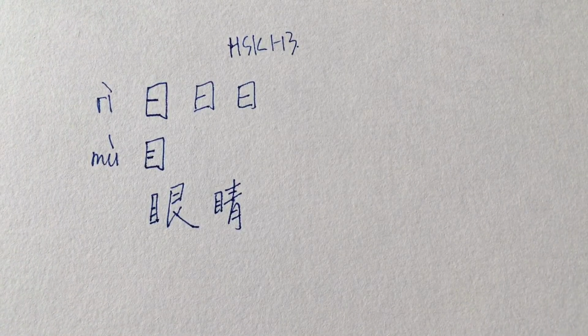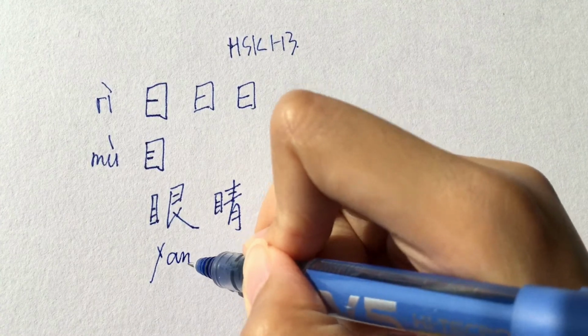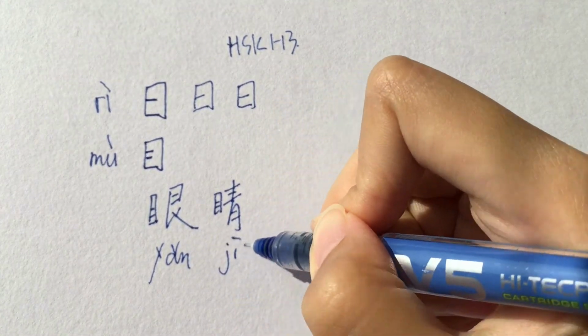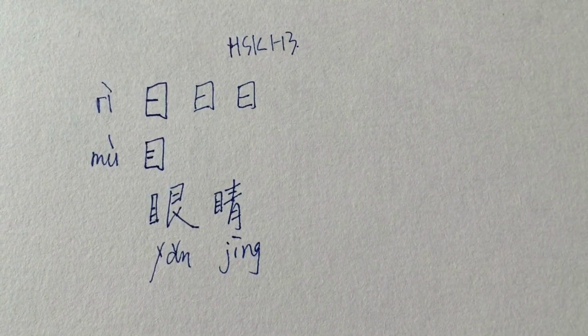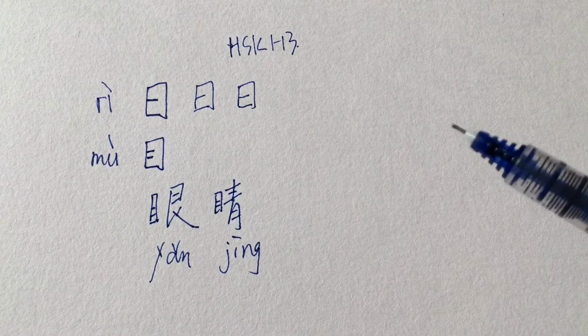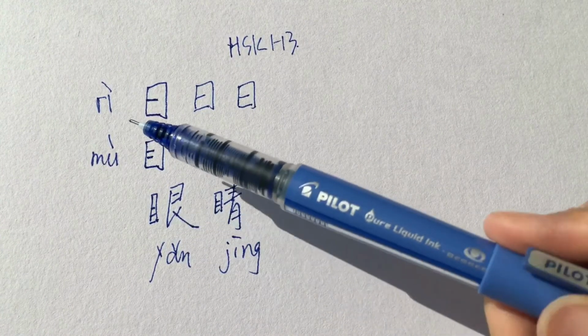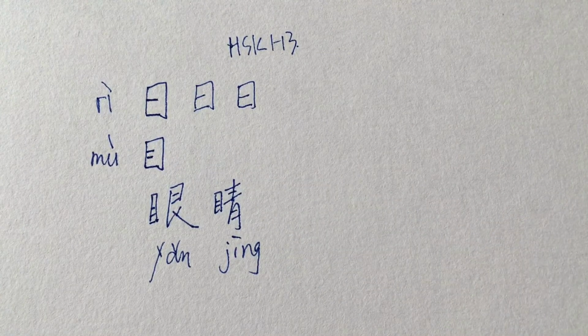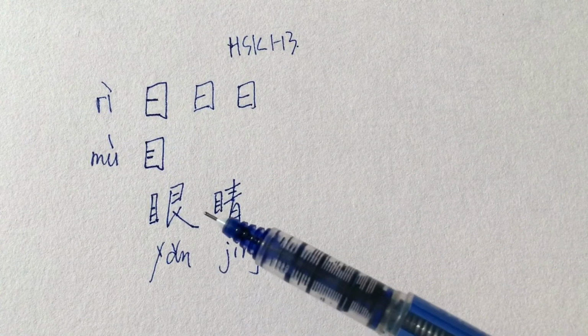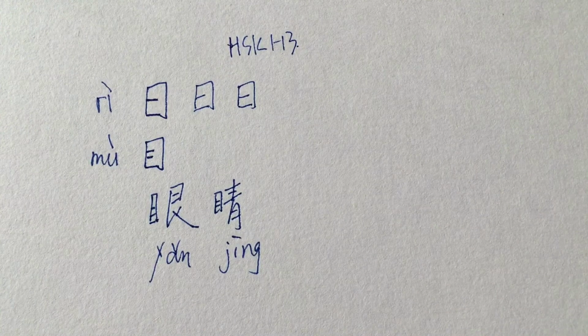This is 眼睛, which means eyes. 眼睛, eyes. Okay, then you see the radical on the left part is 目, which means eye. So two ways, but most frequently we use 眼睛 as eye, not 目. 目 is kind of a medical way that you will say. Okay, next word.